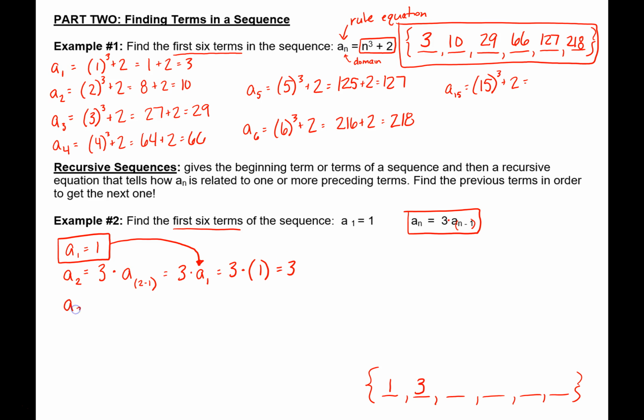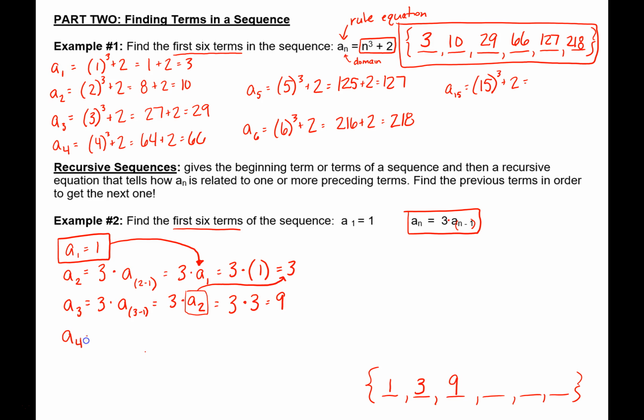Now when I find a sub 3, I'm going to plug in my rule. The n goes where the n is in the rule. Look what happens here. 3 minus 1 is 2, and now I need to plug in a sub 2, which I just found up here. I need to substitute there in order to continue simplifying. So I'm going to substitute that in, and that gives me a sub 3.